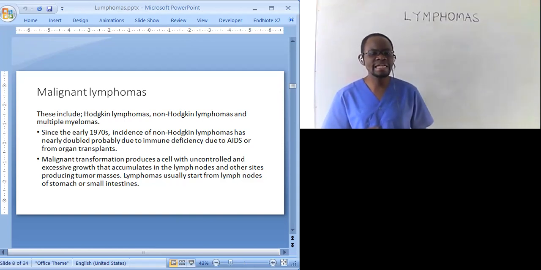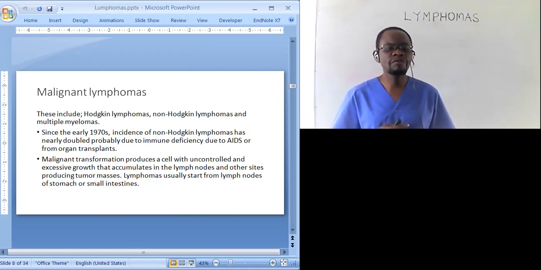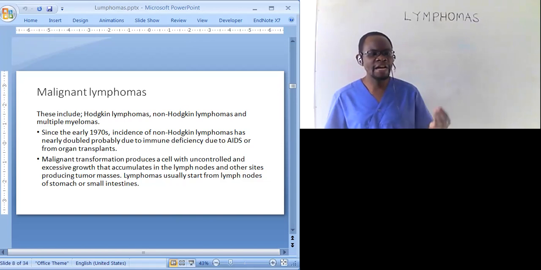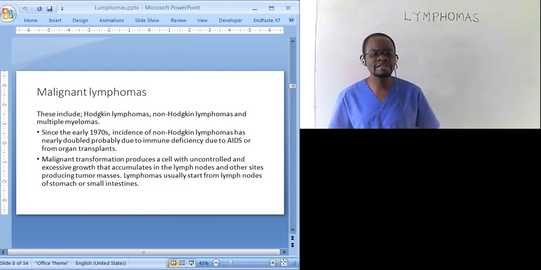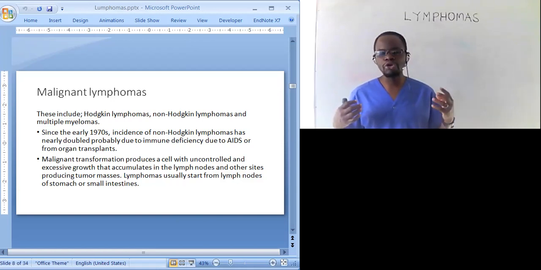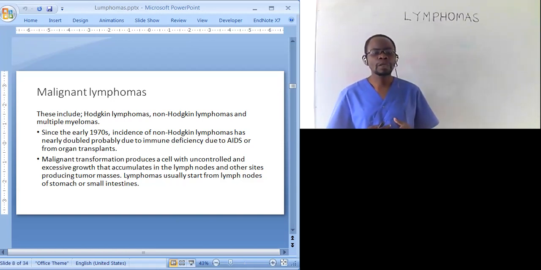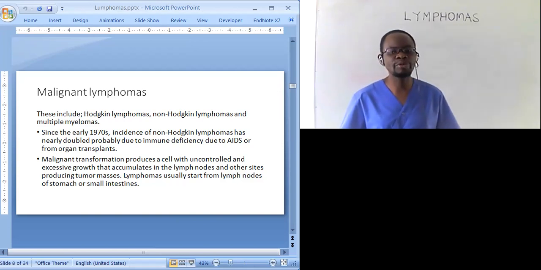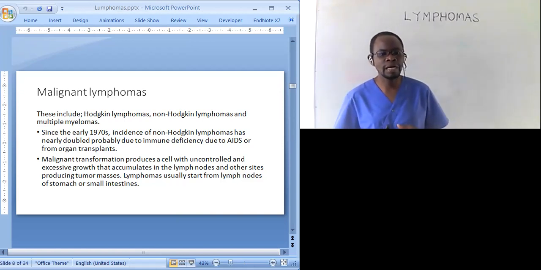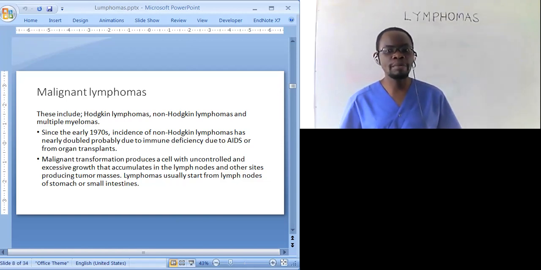Those are the characteristic features of Hodgkin's lymphoma. Non-Hodgkin's lymphomas develop from internal structures, are less predictable, and do not respond well to chemotherapy. We also have multiple myelomas. We're not going to talk about these, but they are also present.